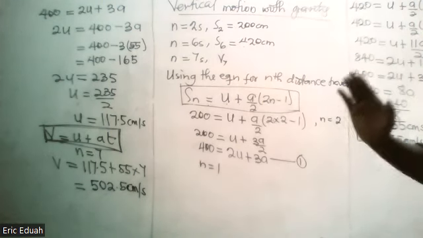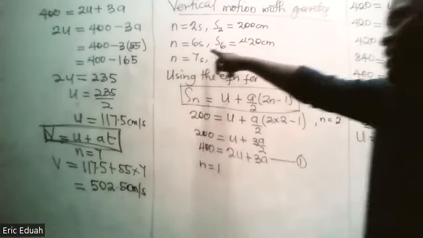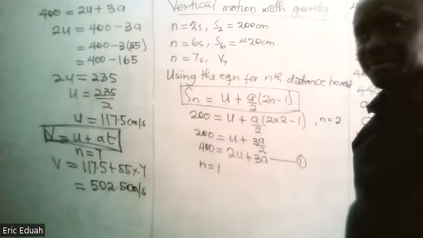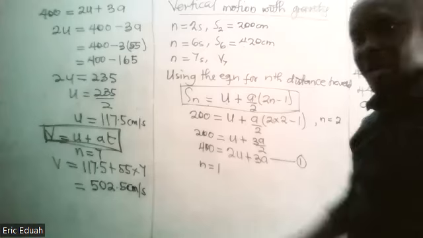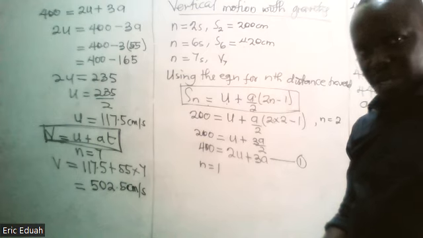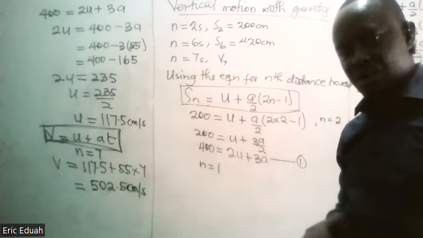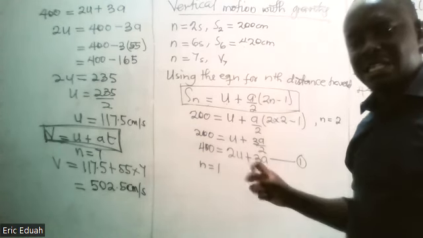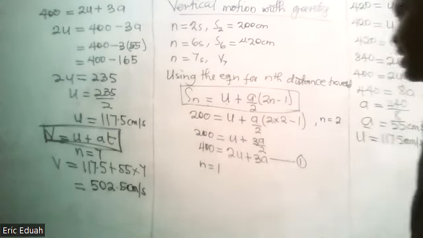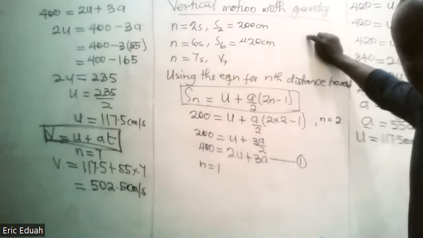If we've covered the first 2 seconds, and the question is about the next 4 seconds, then certainly it will be the 6th second. So we are looking at the distance covered within the first 2, and then the next 4. So n is equal to 2 seconds and n is equal to 6. After getting the acceleration and initial velocity, we find the final velocity at the 7th second.